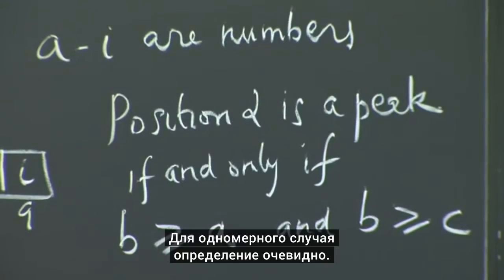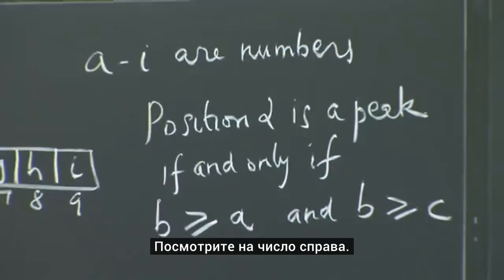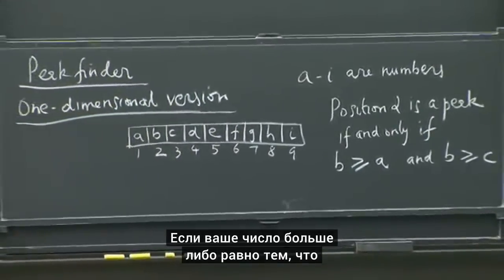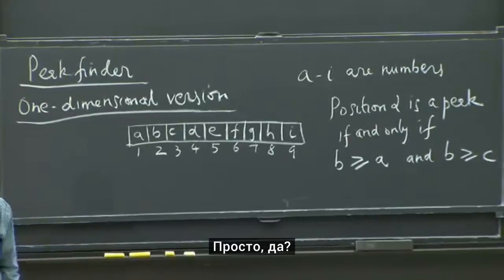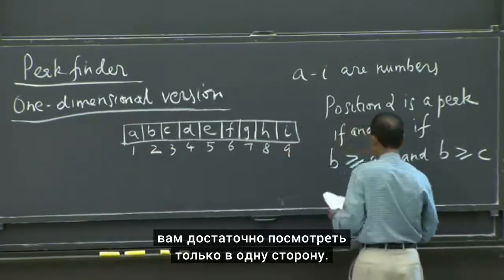In the one-dimensional case, it's trivial. Look to your left, look to your right. If you're equal or greater than both of the elements that you see on the left and the right, you're a peak. Okay? And in the case of the edges, you only have to look to one side.